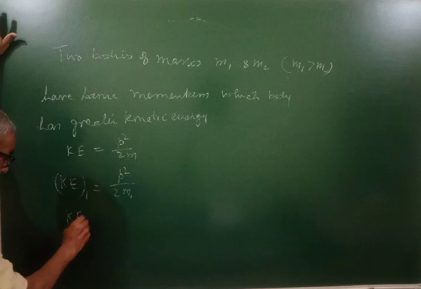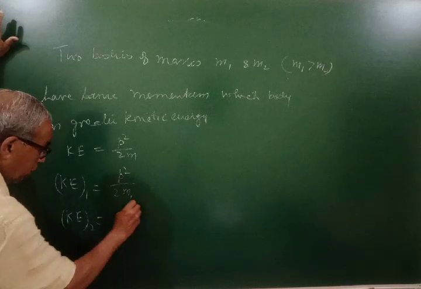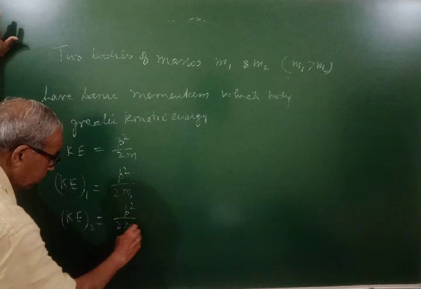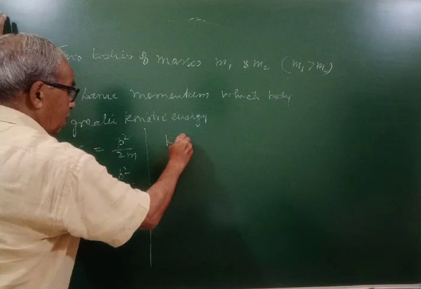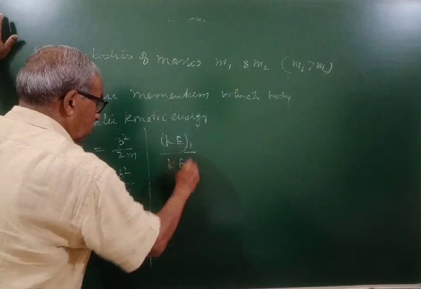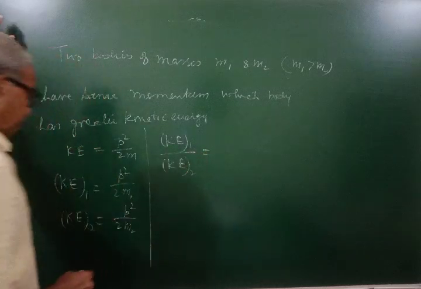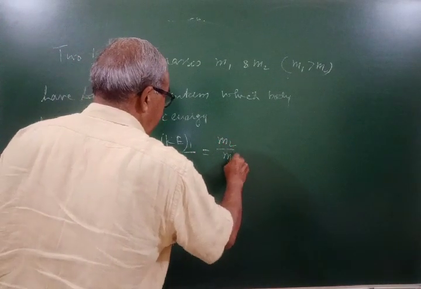KE2 for body 2 is equal to P square upon 2m2, and hence KE1 upon KE2 is equal to simply m2 upon m1.